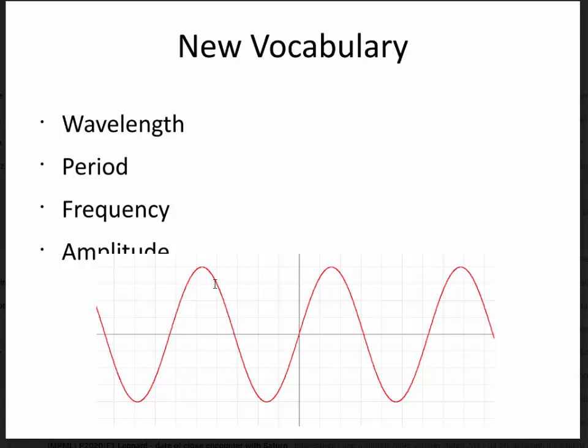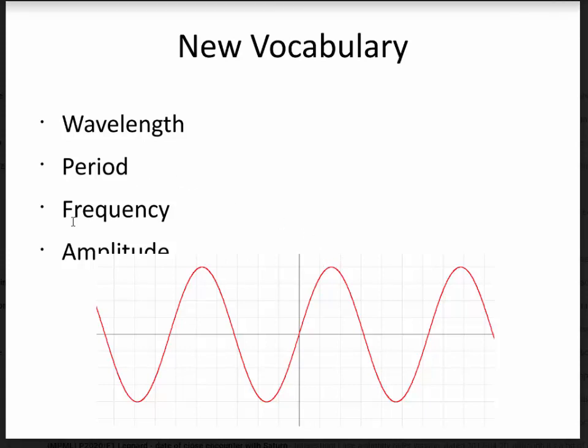We could also start at the top of the wave, and we can go down, and when we get back to the top, that's one wavelength. From here to here is one wavelength. So in your notebook, draw a picture of this wave and identify a few different wavelengths.